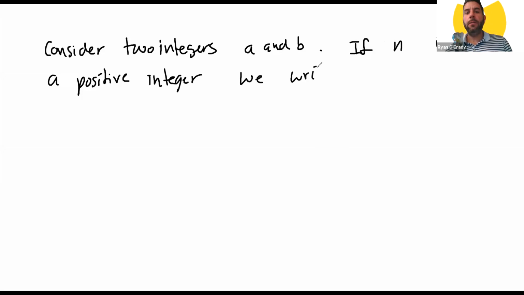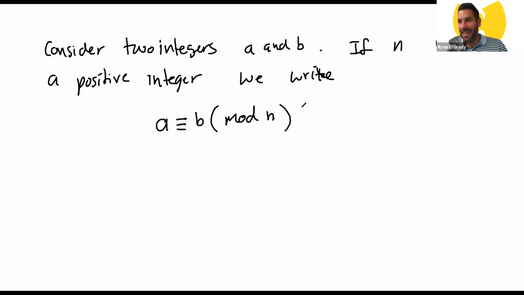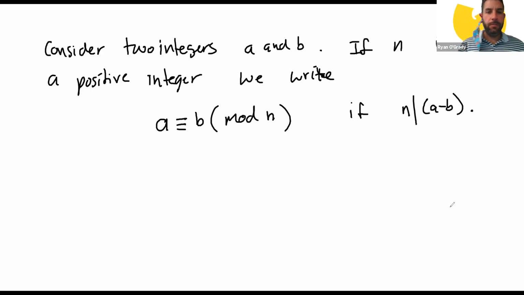We write A three bars B mod N if N divides A minus B. So what happens if this is true?